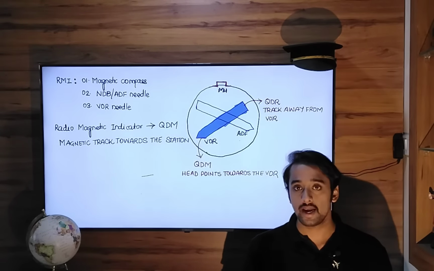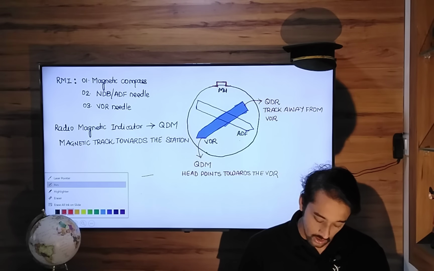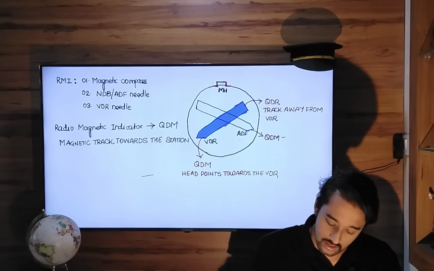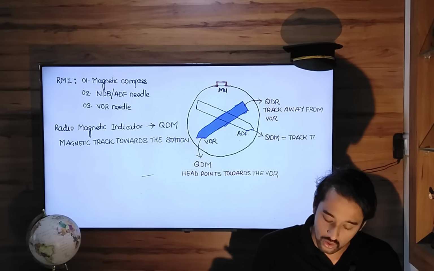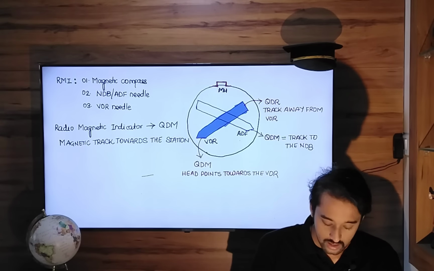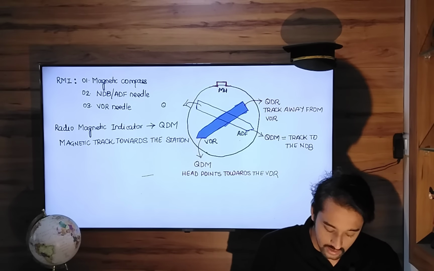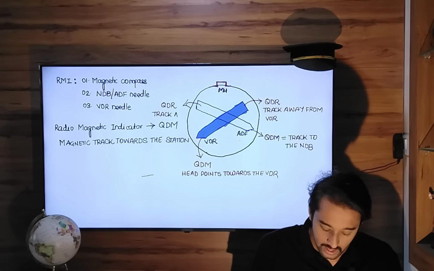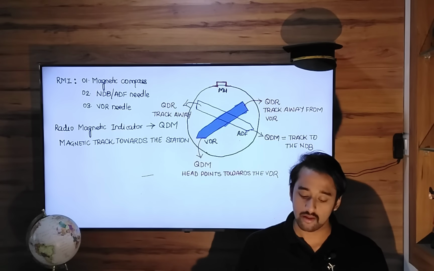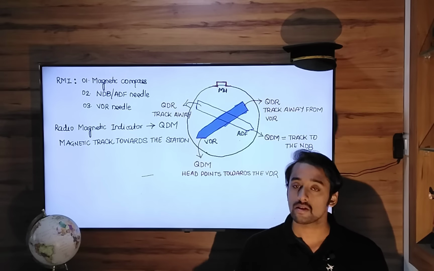Same goes with the NDB ADF needle. The head of the needle will always point towards QDM directly, which is the track towards the NDB. The tail is QDR, the track away from the NDB. So this is how it works.